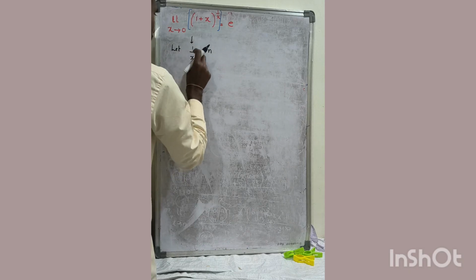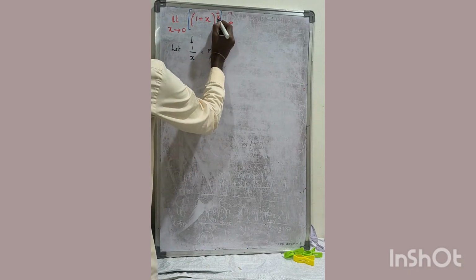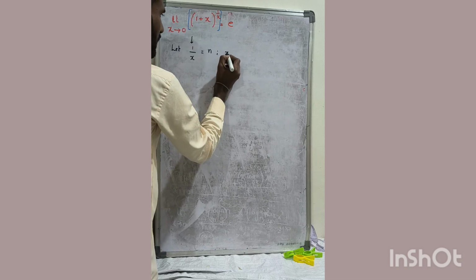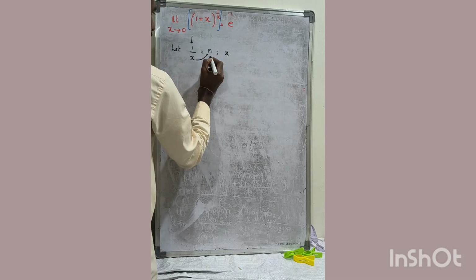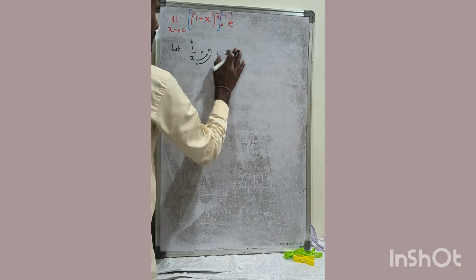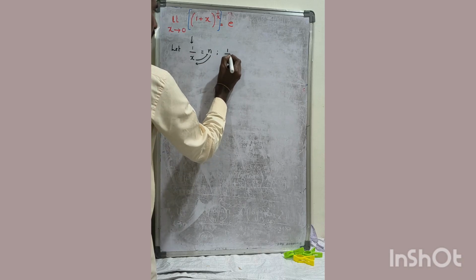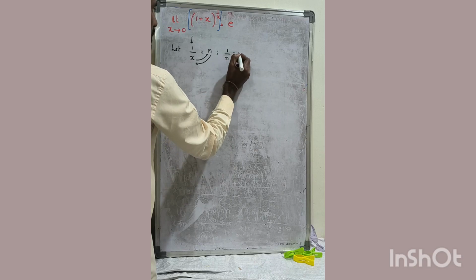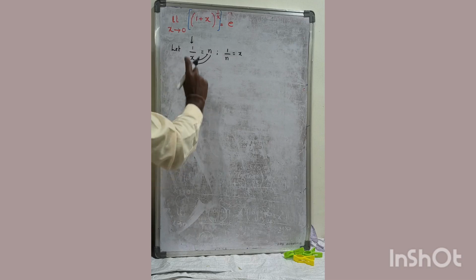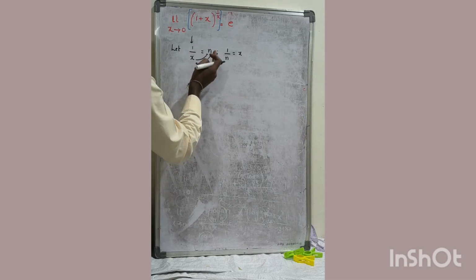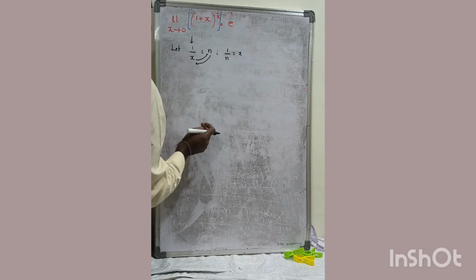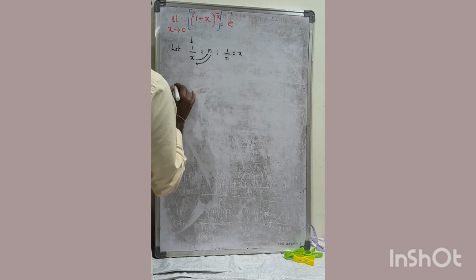If 1 by x is n, how is the equation going to change? 1 by x equals n means x equals what? Transferring, 1 by n is equal to x. So in place of 1 by x, I can replace with n, and in place of x, I can replace with 1 by n, and we'll see what is going to happen with this.